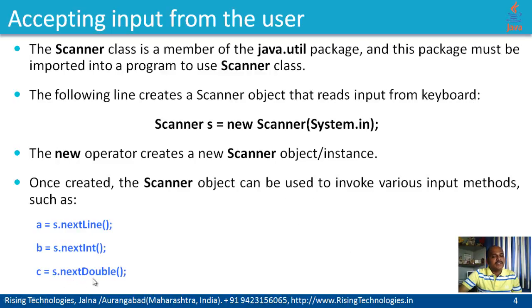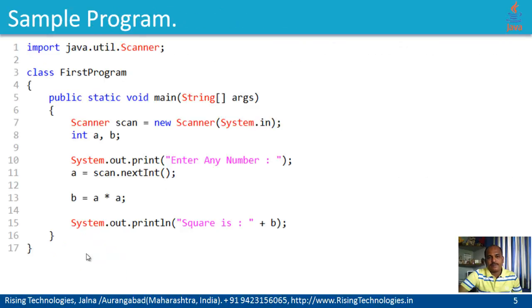The nextDouble method reads input from the keyboard, converts that input to double, and returns a double value. There is one more method, the nextLine method. This method reads the data until the user types enter, and returns the data as a string.